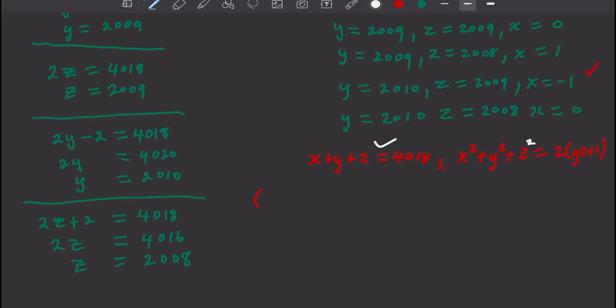So I'm going to do 2000 plus 10. I'm going to square it. 2000 plus 10.